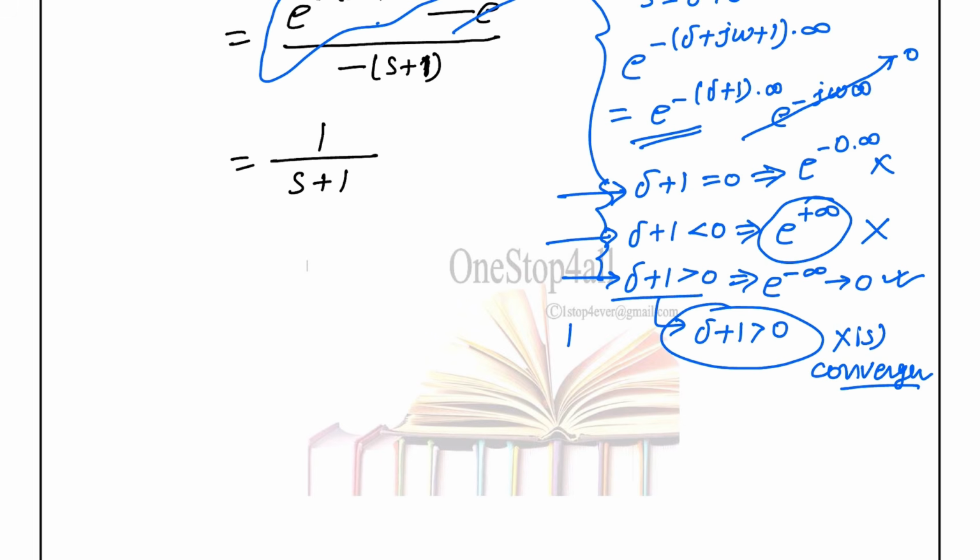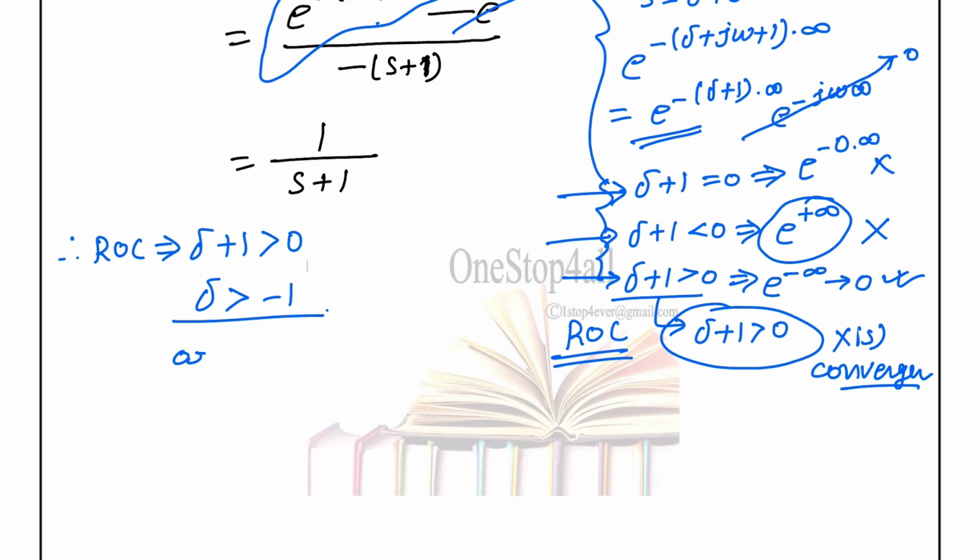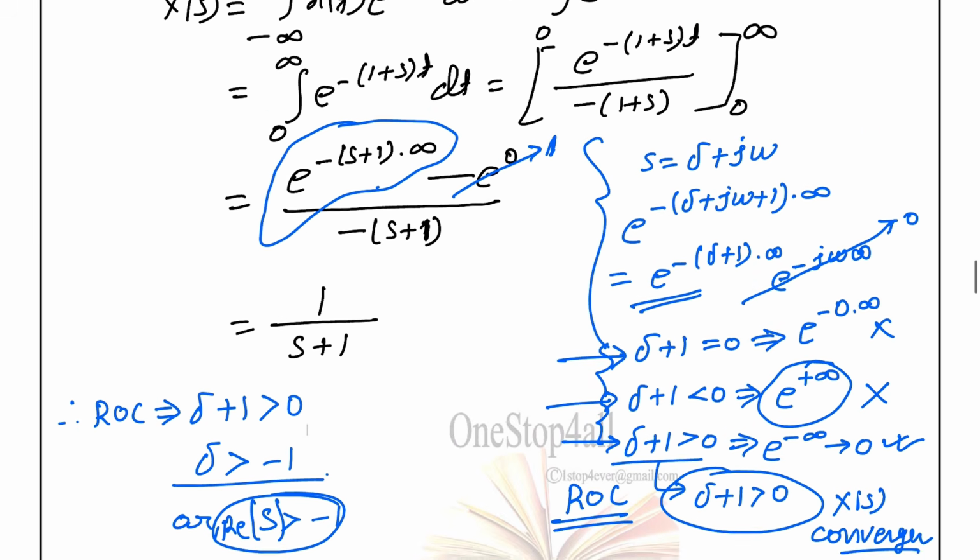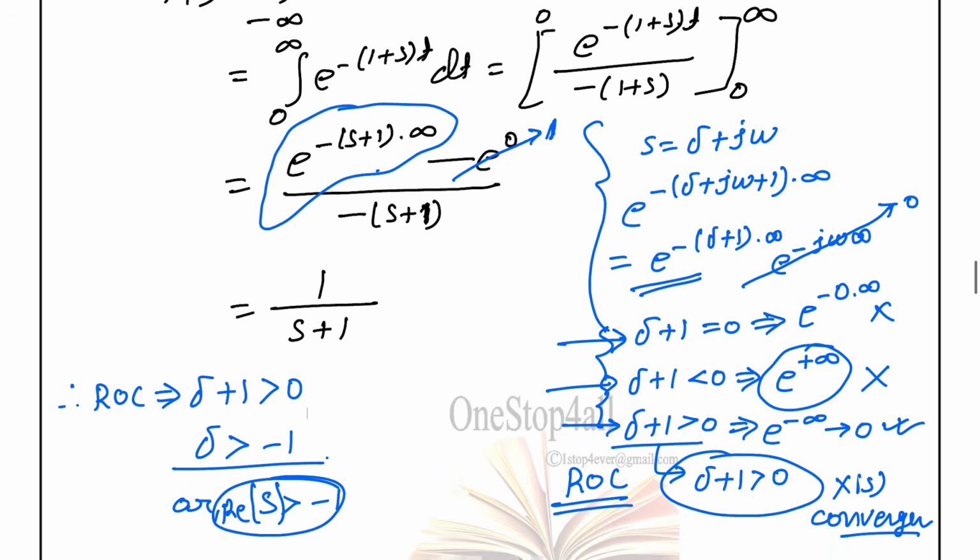So, this defines your ROC, region of convergence. Therefore, the region of convergence will be sigma plus 1 greater than 0, or sigma greater than minus 1. We can say, not s, the real part of s is greater than minus 1. So, this is your ROC. Okay, this is your solution for question number 6b.